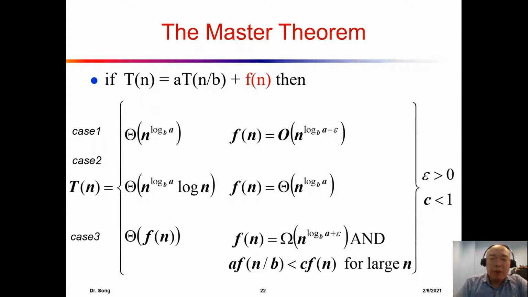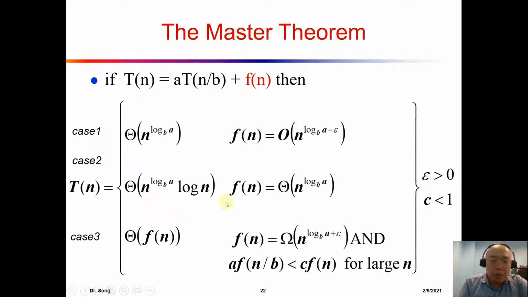If f(n) is big O of n to the log base b of a minus a small positive epsilon, and this epsilon can be something really small like 0.001, or it could be 0.5, or 1, or 2, then if you are able to find a small positive epsilon that works, that should be enough. So that's case 1.